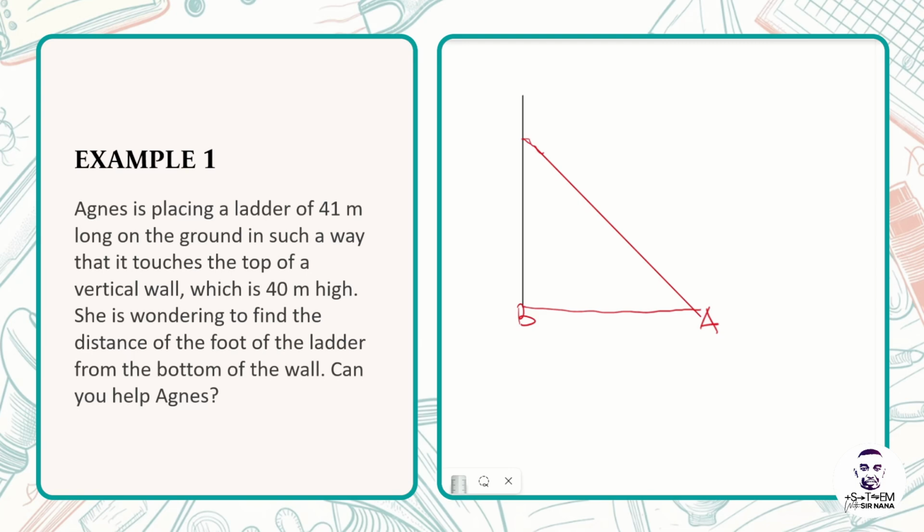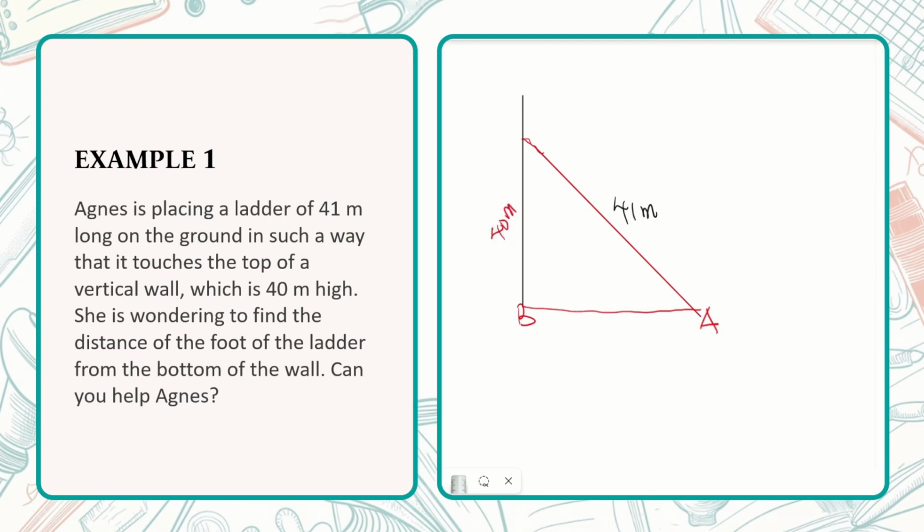That is fine. So now we know that the length of the ladder is 41 meters, and the vertical wall where the ladder leans against is 40 meters high.